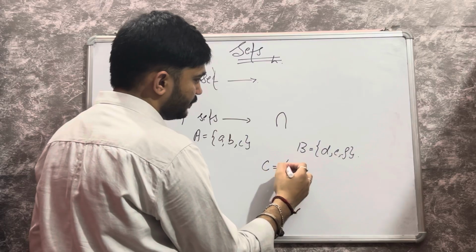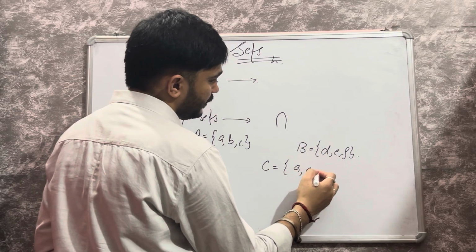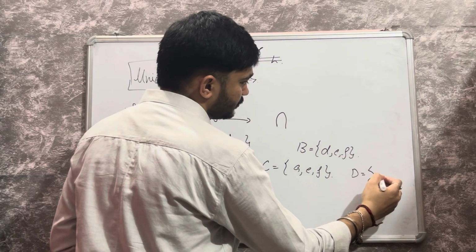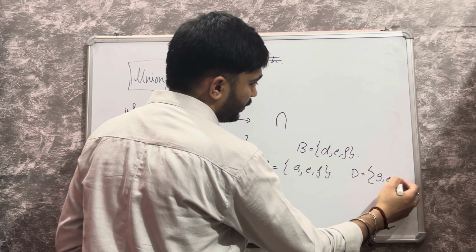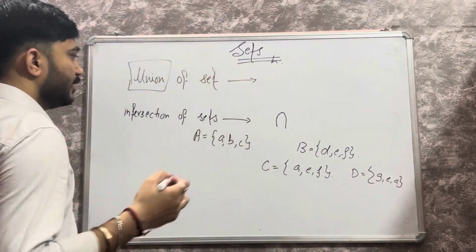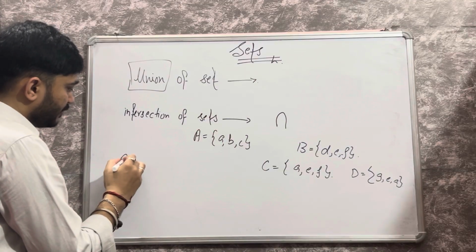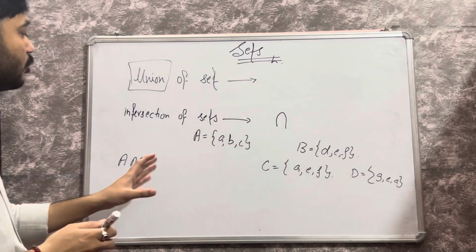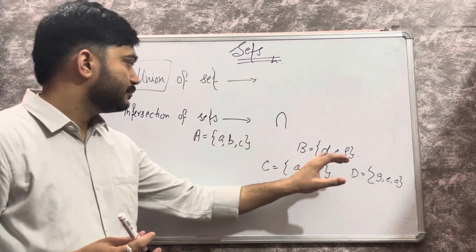C is a set which has a, e, f. D is a set which has g, e, a. Here, if we want to know A intersection B, it means we have to find the common elements between A and B.